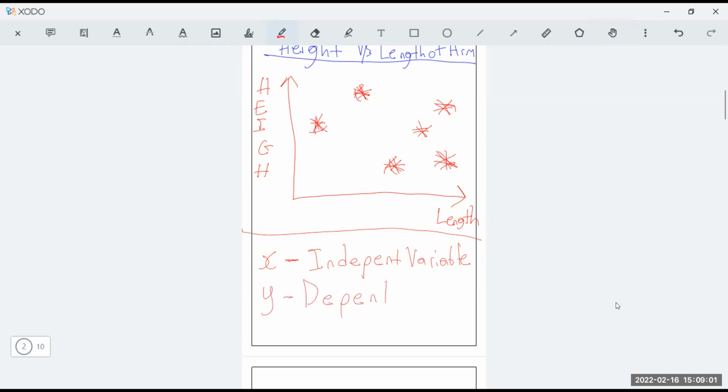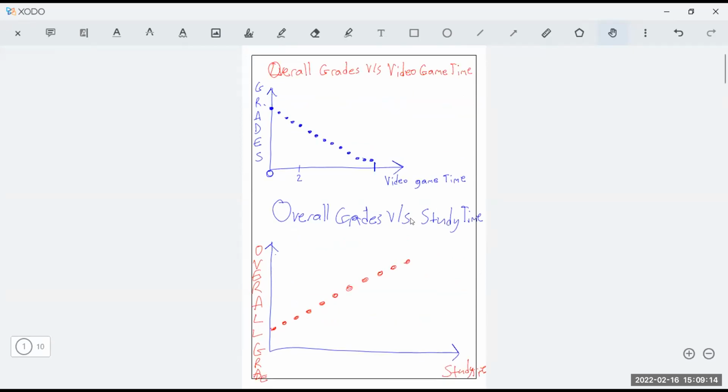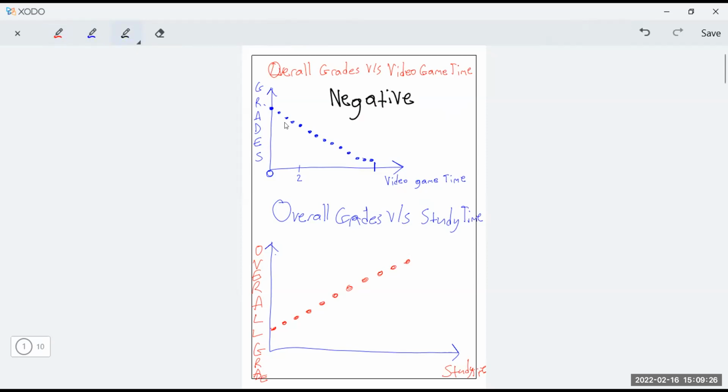So we're just trying to see how much whatever is on the x influences what is on the y. So in other words, we see that if you play more video games, there's a negative effect. Grades are dipping. In that case, we say this has what we call negative correlation. In this case, we say that the variables are negatively correlated.